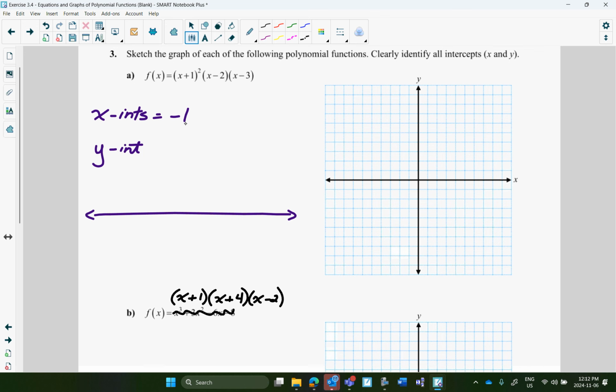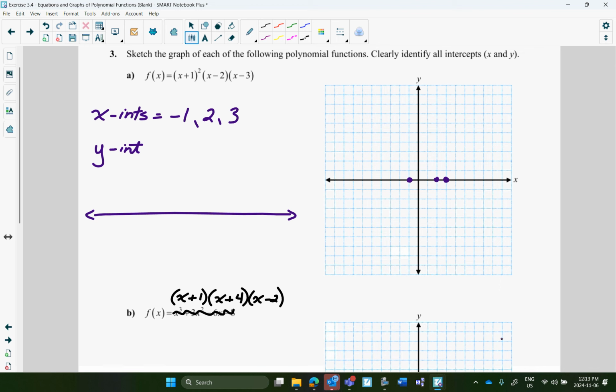What are the other two factors? 2 and 3. So I got this already. I know those are points.